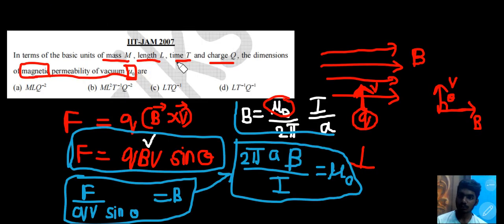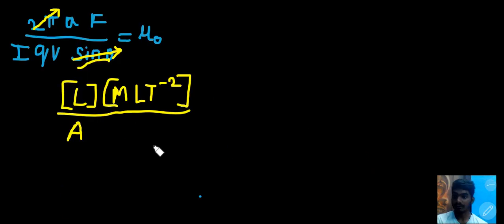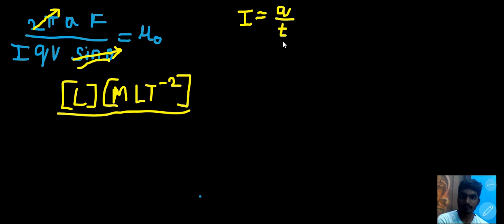But the question asks for the basic units of mass, length, time and charge, so we have to substitute for the current. We know that current is equal to the charge q flowing through the cross section divided by time t.